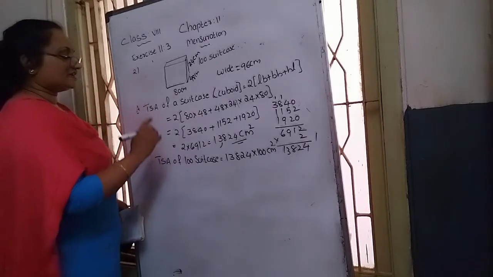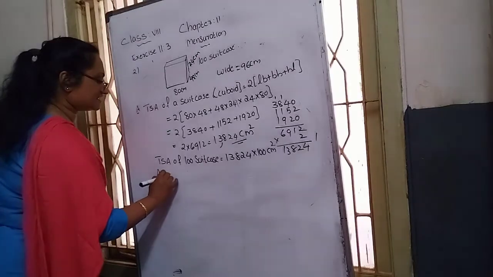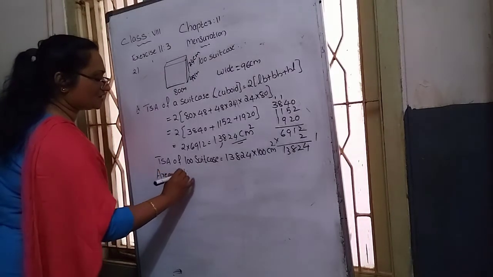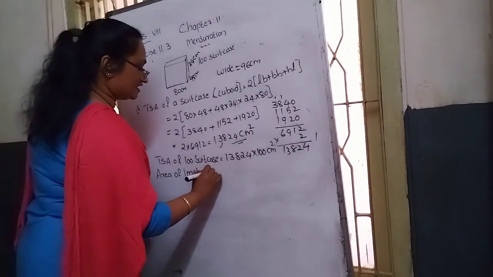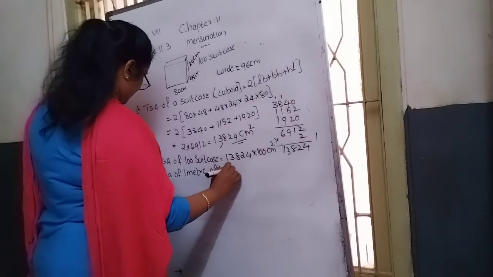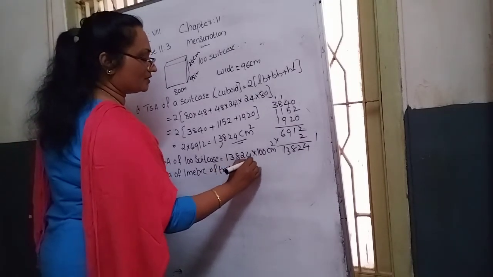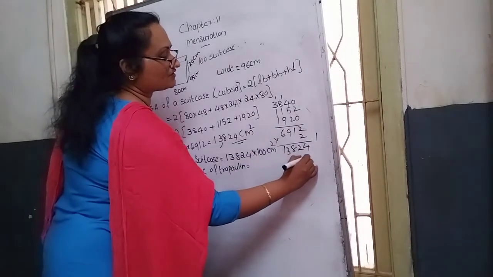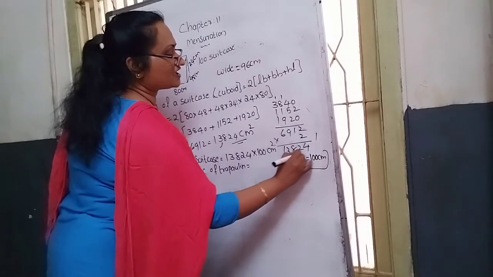Next we write the area of 1 meter of tarpaulin. Tarpaulin is in the shape of a rectangle, so length into breadth. 1 meter converted to centimeter is 100.